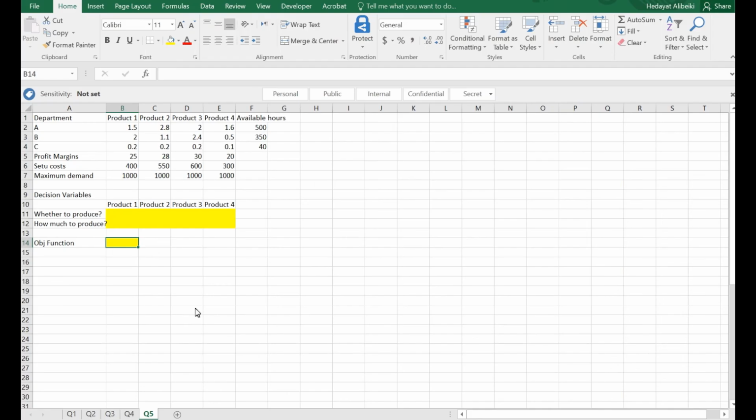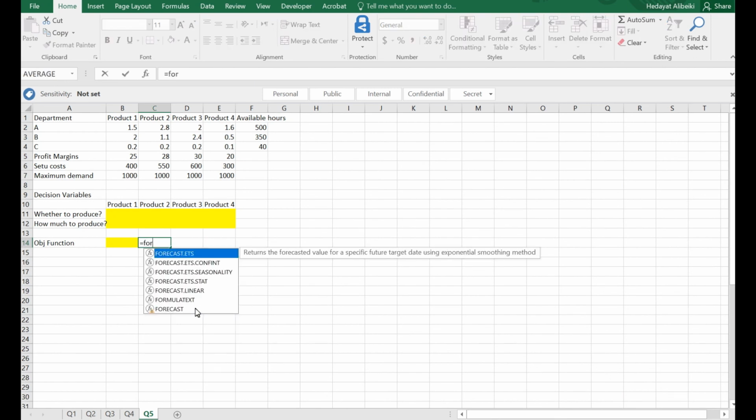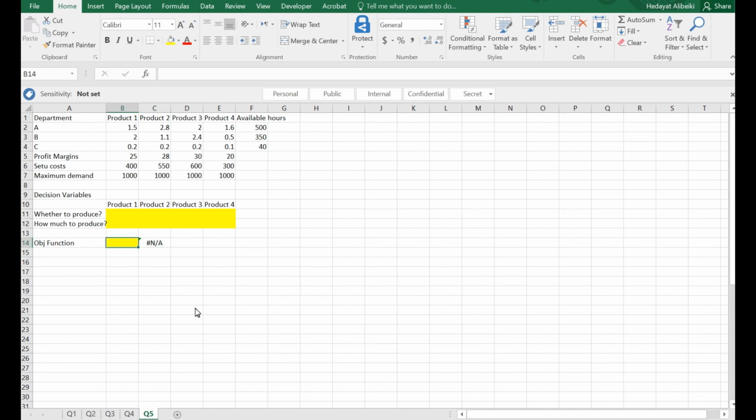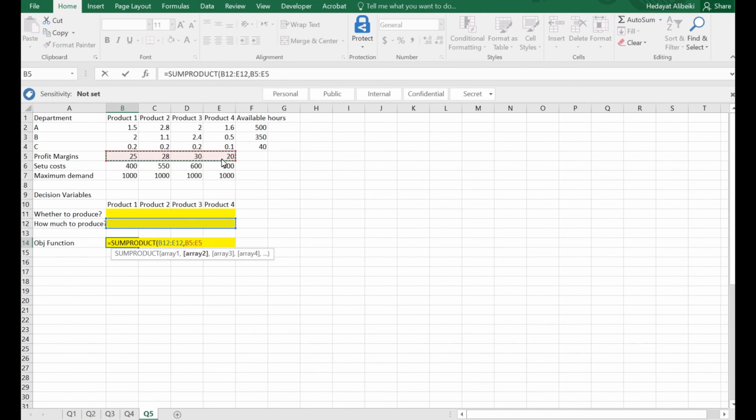So let me show you the formula that I use. It's going to be equal to the sum product of how much to produce, xi, comma, profit margin, minus another sum product of whether or not to produce, comma, the setup cost.